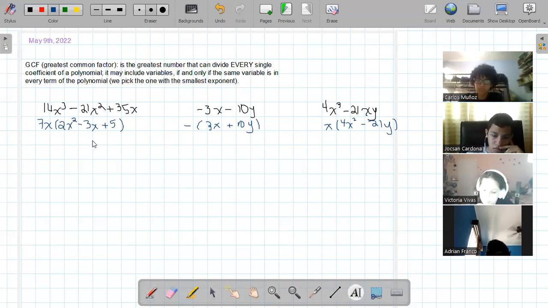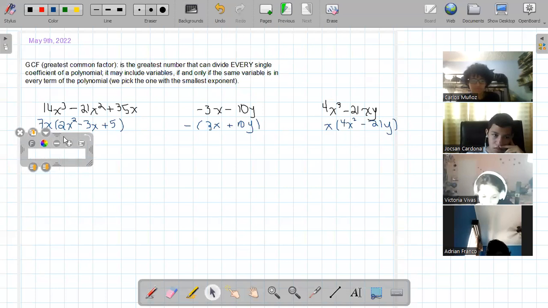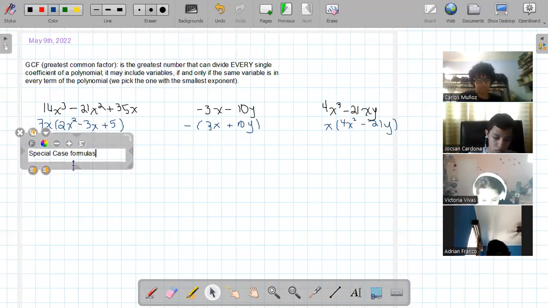Now we're going to factorize using the special case formulas.